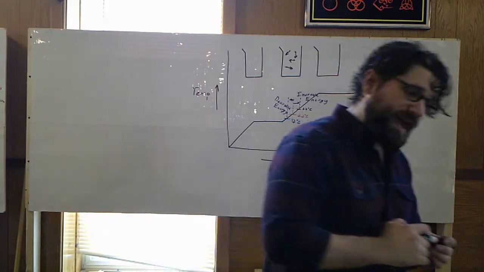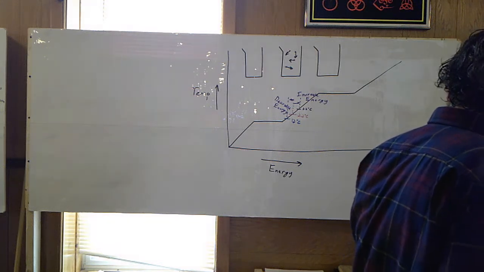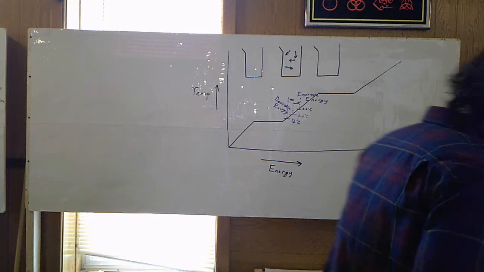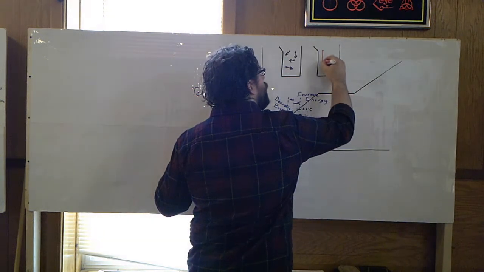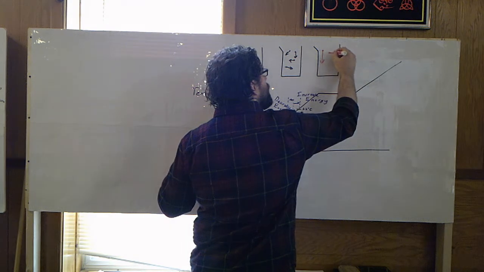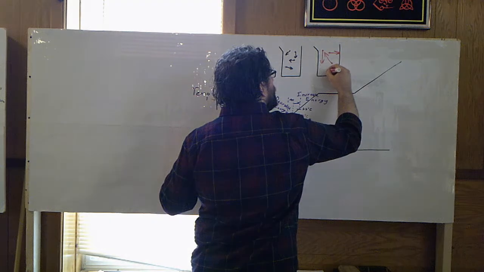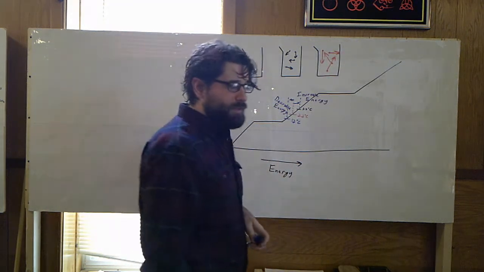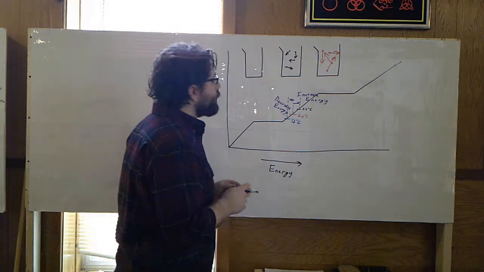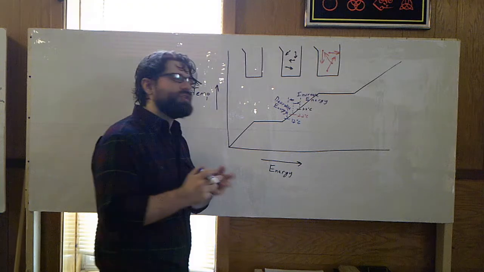When we added the potassium hydroxide, we'll use red for that one. When we added the potassium hydroxide, it got warmer, so those arrows would get longer. Okay. When we added the ammonium nitrate, those arrows would have gotten shorter. We would have had less temperature, less kinetic energy in the water.